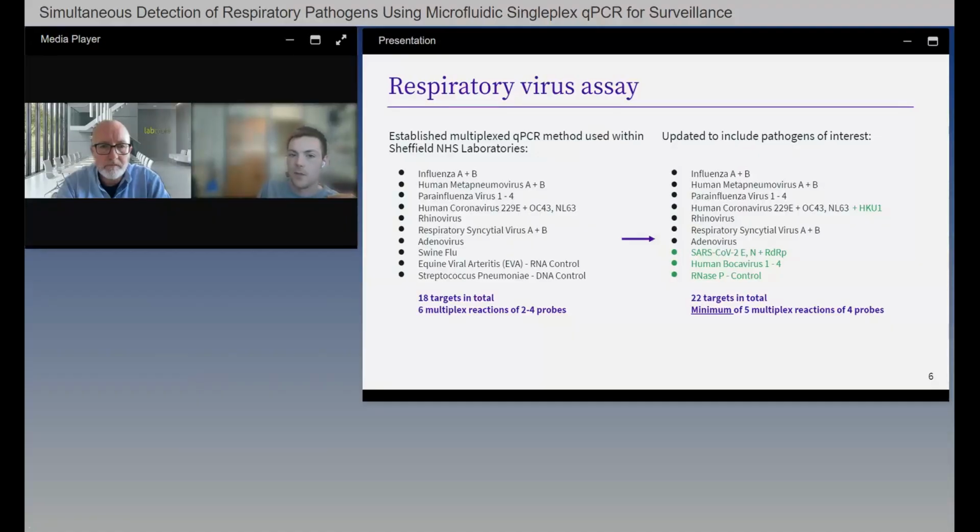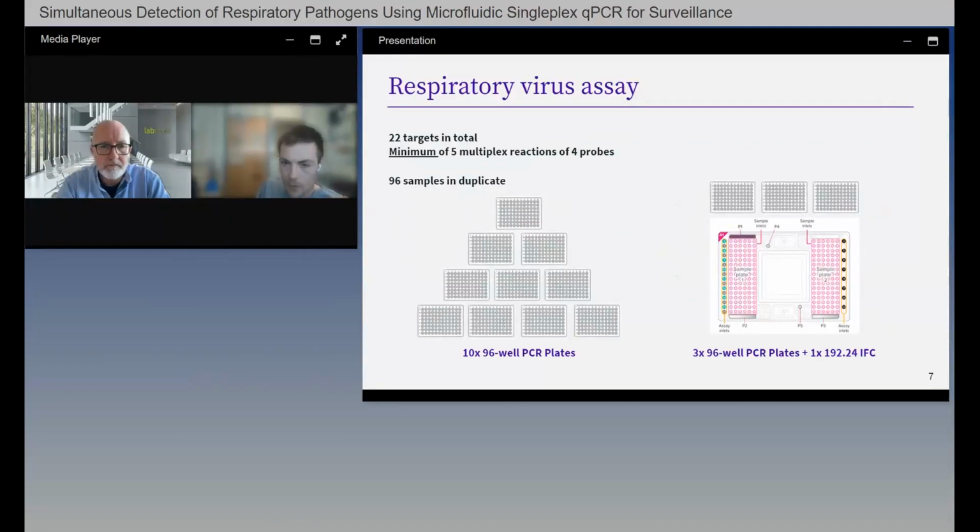And what also helped their setup is that they've got a semi-automated system, and we were going to do this by hand. So it meant a minimum of 5 multiplex reactions of 4 primer probe sets, which seemed quite daunting. And it would have taken up a lot of PCR plates and a lot of time.